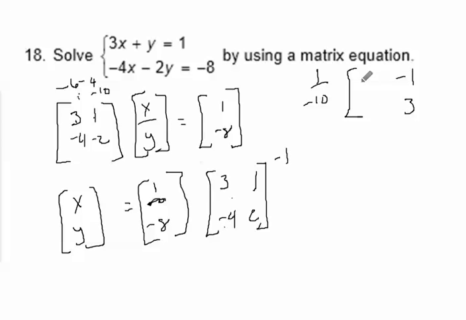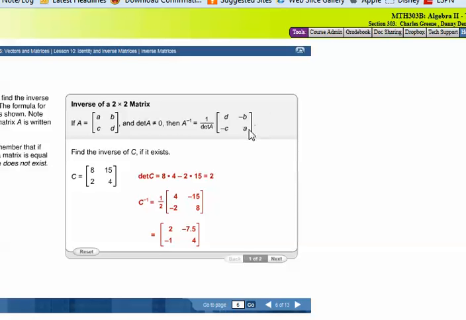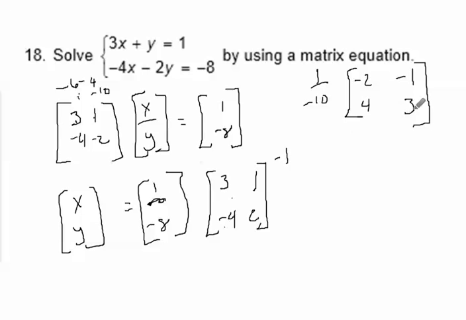It's going to be a negative 2 and a positive 4. I believe that is right, but let me just check it to verify it. It's A, B, C, D. That's here. A, B, C, D. Yes. I believe I've got it.